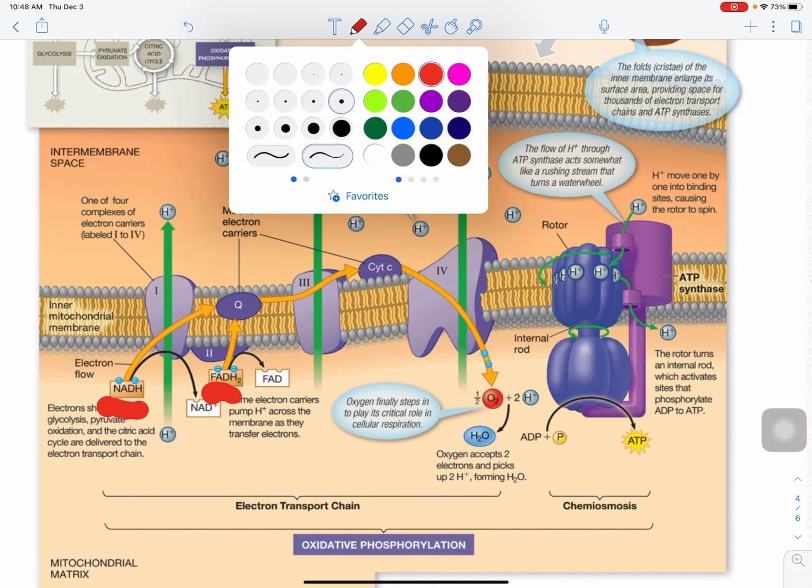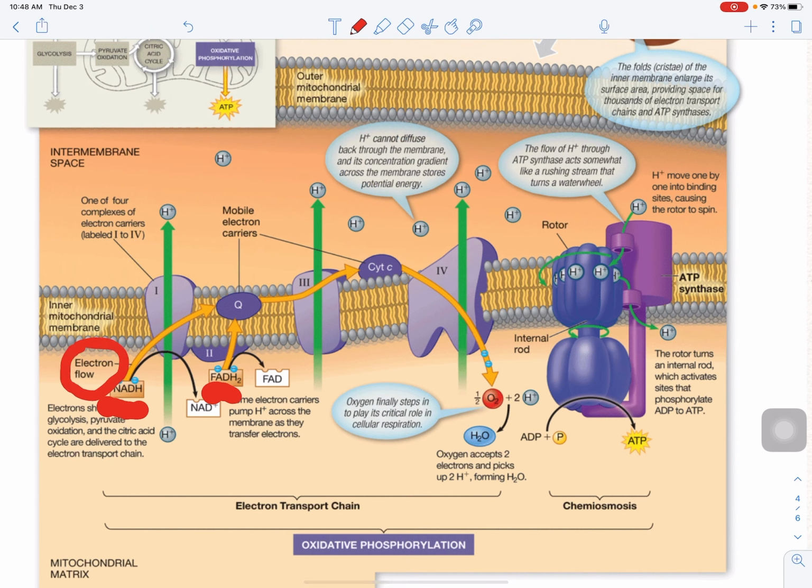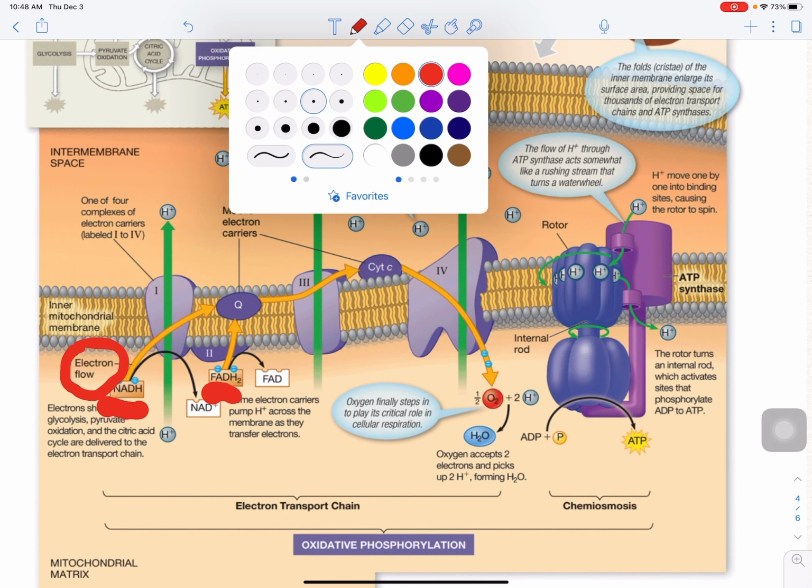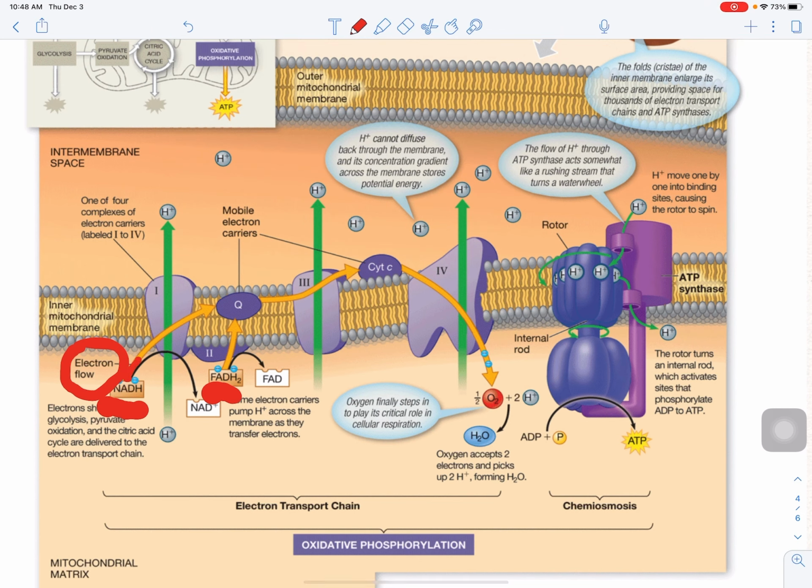Well, the path is already done for you right here, but we are going to do this in a different color just so that you understand that the electrons are dropped off at this membrane, and they're going to flow down the membrane, much like electricity goes down a wire, but these are electrons being passed from one protein to another. See, it labels these as electron carrier complexes. These are proteins 1, 3 and 4 labeled right here? Well, there's 2.